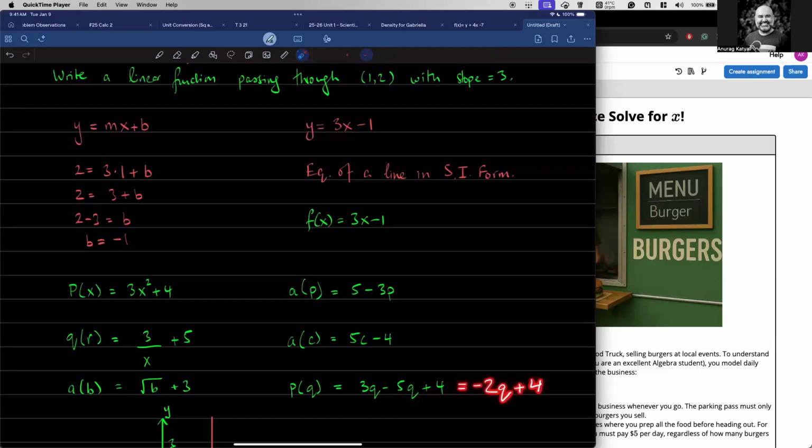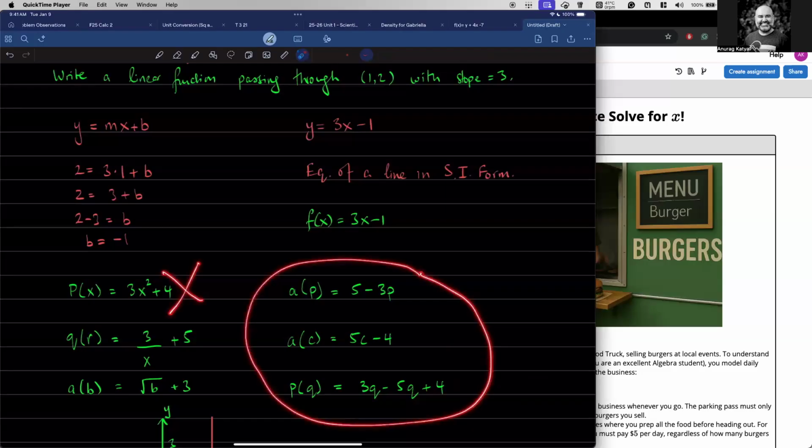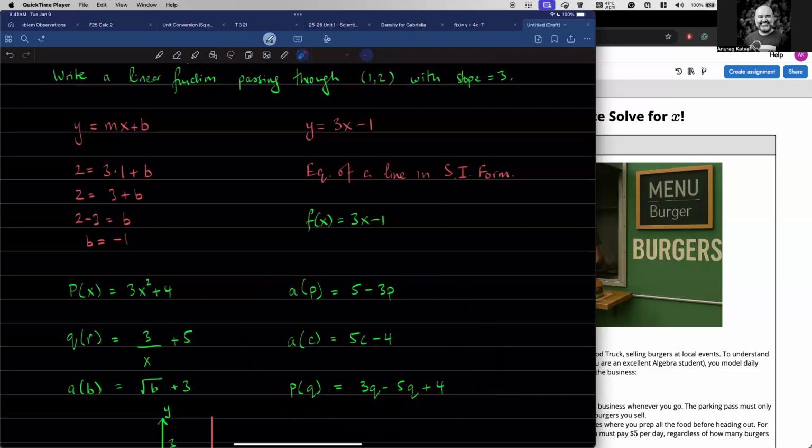Doesn't that look like mx plus b? So all 3 of these are examples of linear functions. These are not. Fair? Questions so far. Do we know how to recognize a linear function in the wild?